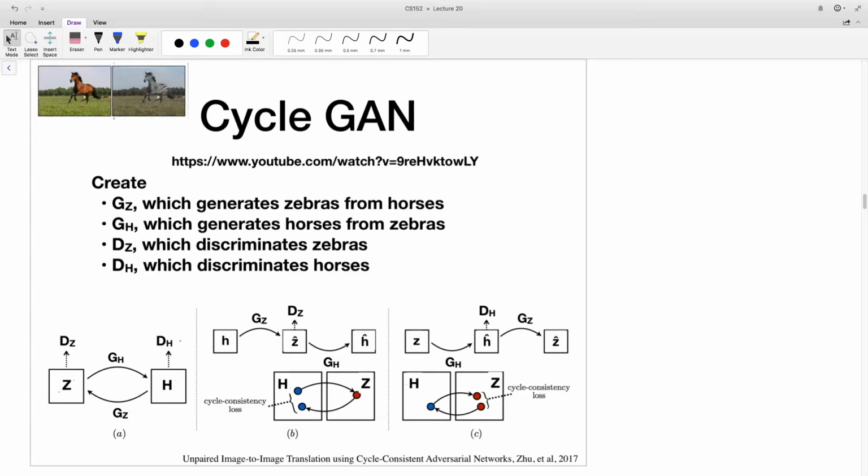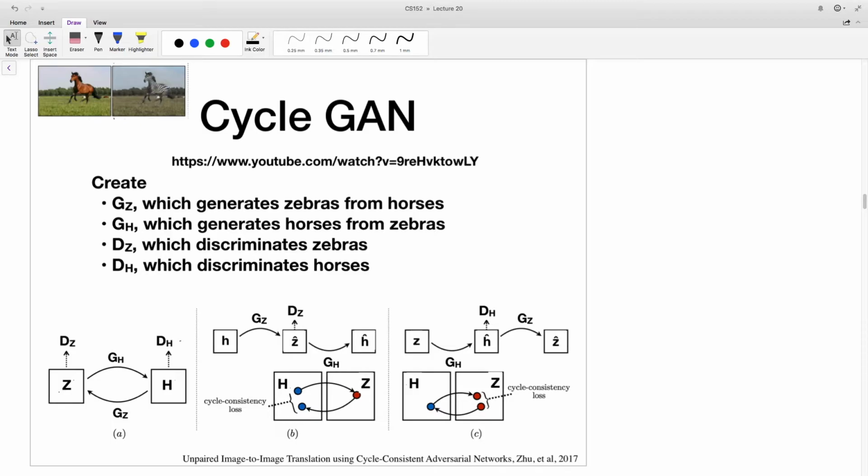And the idea, so the same sort of problem that we had with the audio case we were just talking about. Great, we can turn a horse picture into a zebra picture, but what makes it be the same picture and the same looking horse? So this is a different approach to that. The way we'll tell is we'll turn the horse picture into a zebra picture, and then we'll turn the zebra picture back into a horse picture.